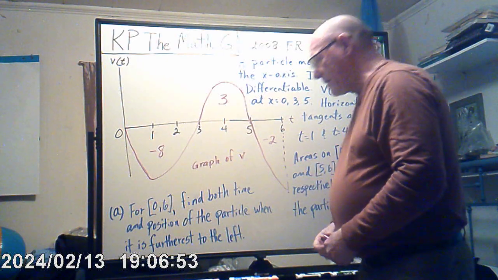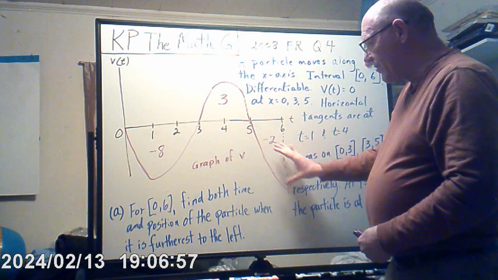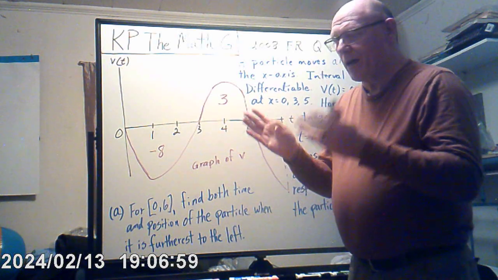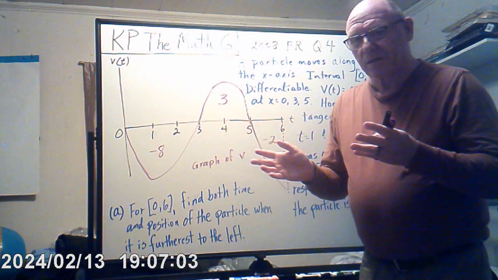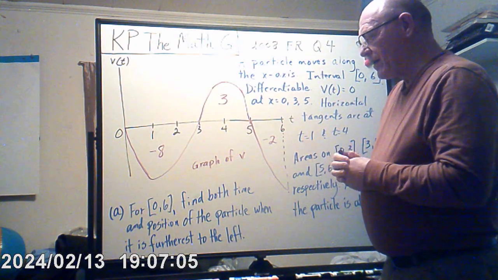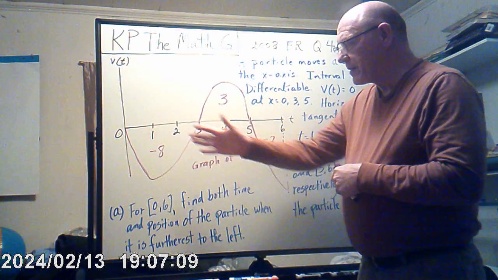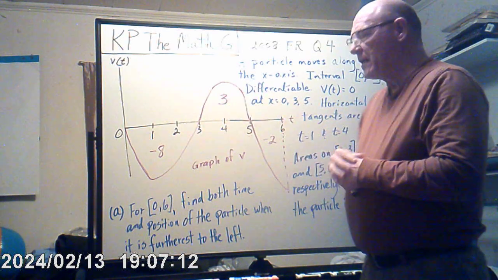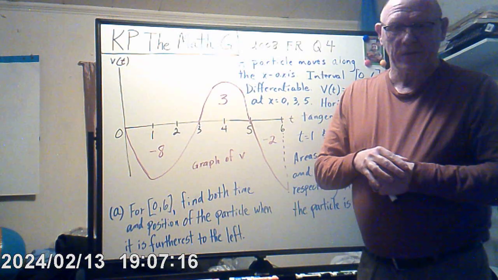Now, part A says, and by the way, this is the graph of V. Remember, when you find the area, you're finding out where the particle is at this point. You are looking for position. This area deals with the position and where the particle is at any given time t.